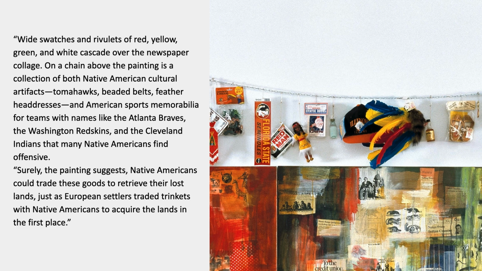On a chain above the painting is a collection of both Native American cultural artifacts, tomahawks, beaded belts, feather headdresses, and American sports memorabilia for teams with names like the Atlanta Braves, the Washington Redskins, and the Cleveland Indians that many Native Americans find offensive. Surely, the painting suggests, Native Americans could trade these goods to retrieve their lost lands, just as European settlers traded trinkets with Native Americans to acquire the lands in the first place.